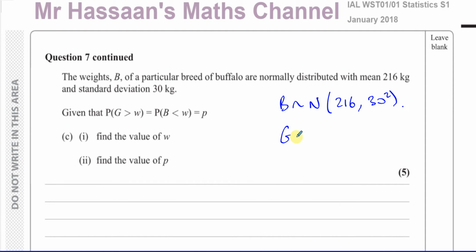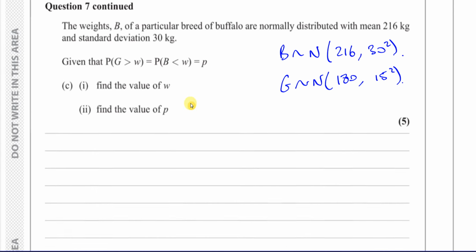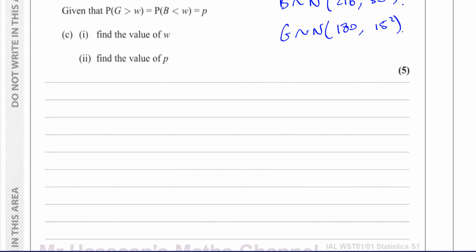So we know that G is normally distributed with a mean of 180 and a standard deviation of 15. All right, so this is the information we have. So they're saying the probability that G is greater than W is equal to the probability that B is less than W. All right, so we're going to try and find what W and P is.